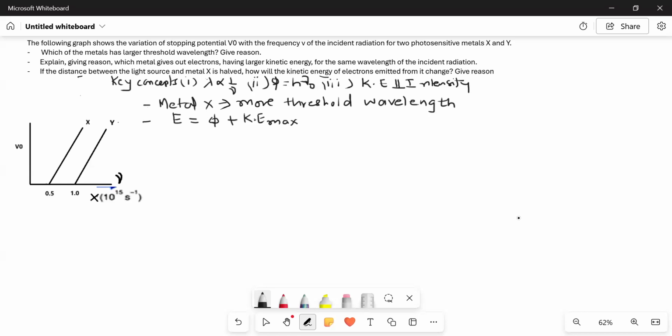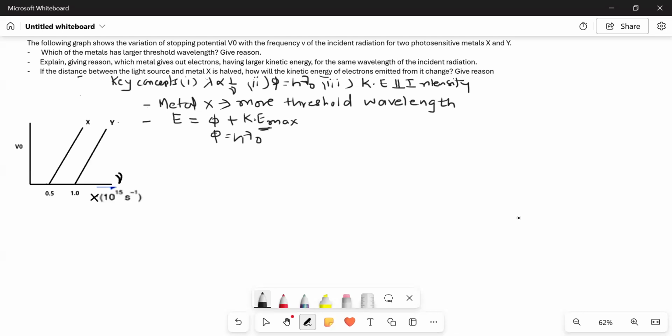So if work function is less, the kinetic energy will be maximum, or if work function is more, kinetic energy of the emitted electrons will be less. So here we can see in the first part of the question, we have seen that the X metal has less work function because its frequency is less. Phi is h nu naught. So since metal X has less frequency, its work function is less.